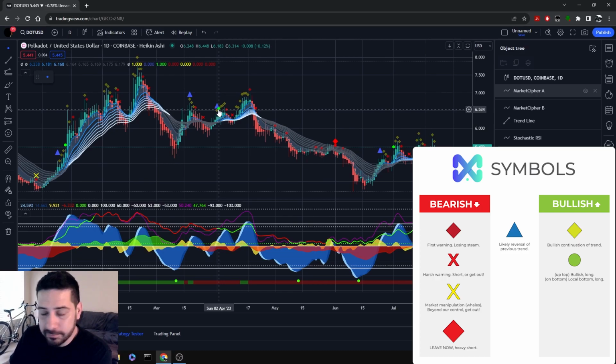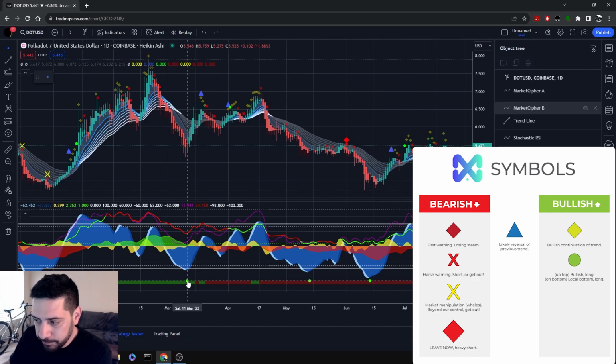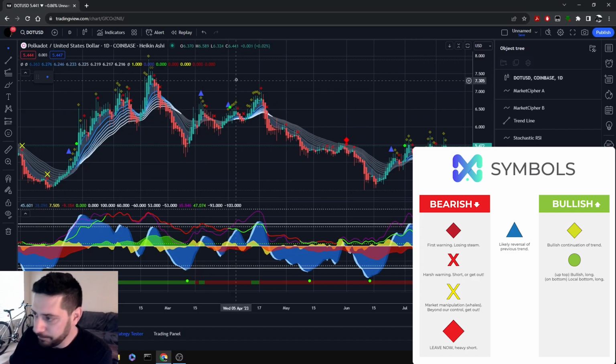Okay, sure. And then if you see a green dot on the bottom here, that signals it's likely a local bottom. So when this prints right here, that's telling you it's probably a good time to buy right now. And listen, if you listened to it at the time, hey, you made pretty well. You bought right here and it went up. Not bad.